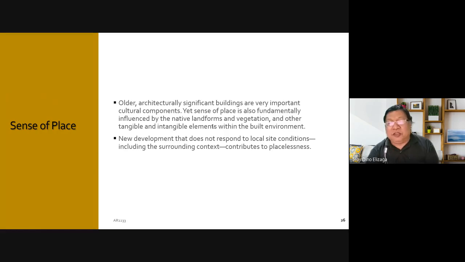One opportunity that we can identify is the sense of place.